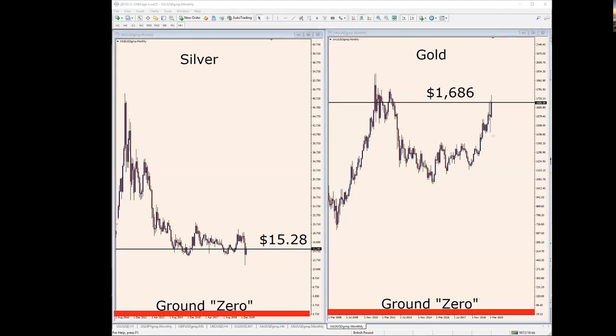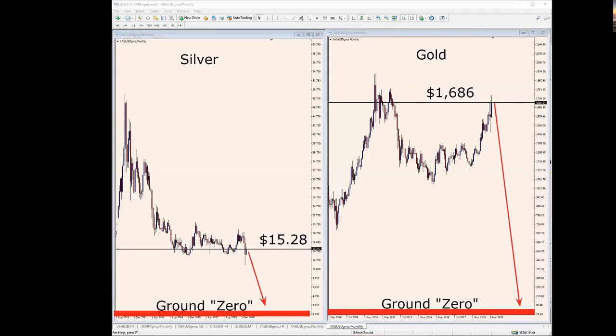Now how about gold? How much can gold drop, in the worst scenario? Almost 1,686. That's the maximum risk exposure.